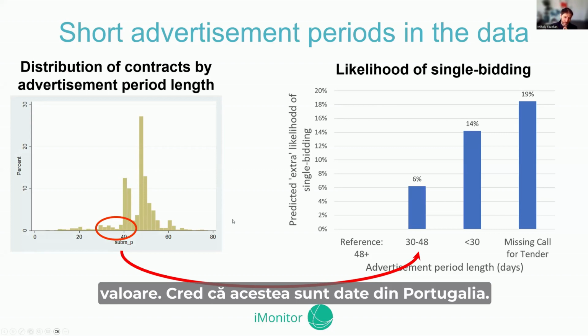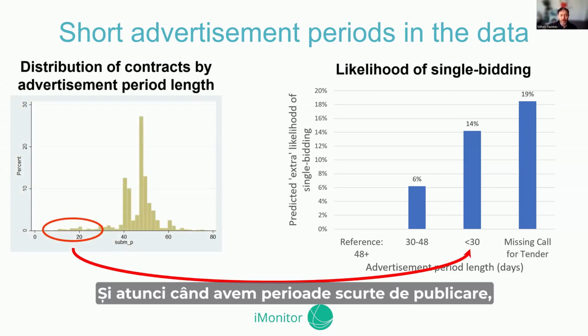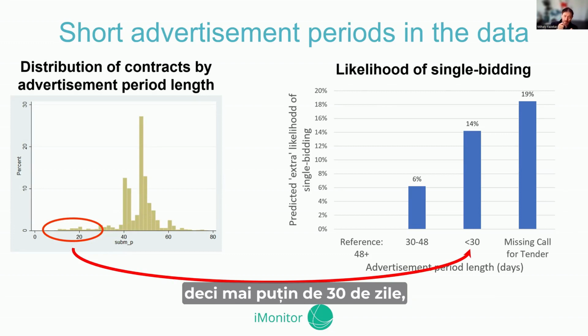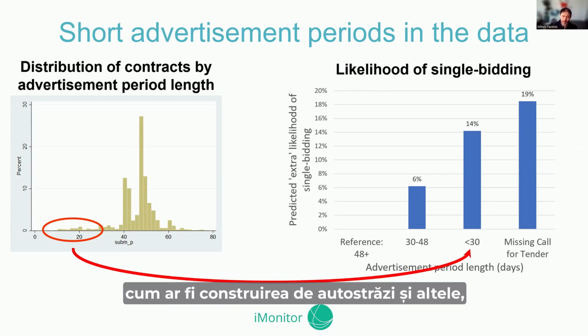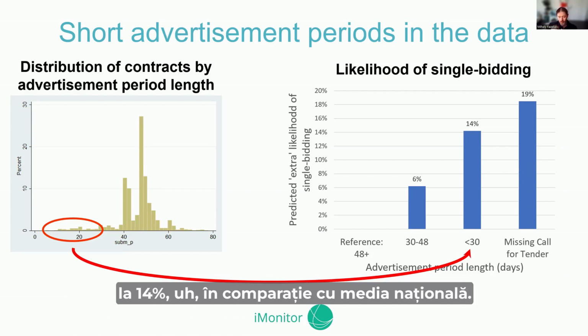I believe this is data from Portugal. And you have single bidding rate 6% above the reference, so the national average. And then when we have very short advertisements, less than 30 days, and it's very short because it's high-value contracts like building highways and such, then single bidding rate really jumps to 40% compared to the national average, to the reference.